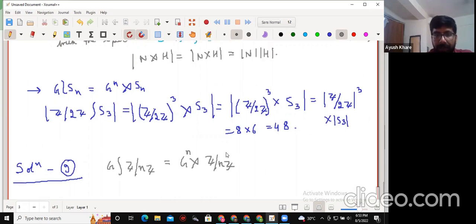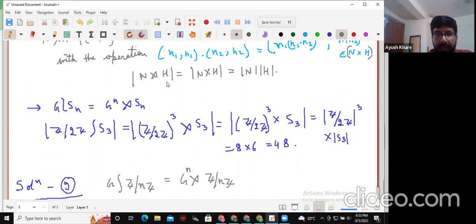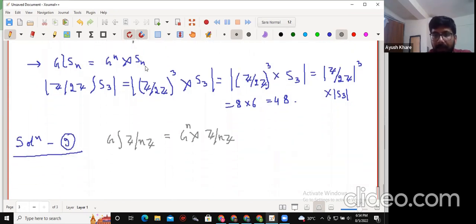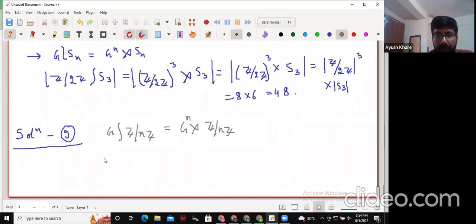So as per the definition, when we are writing N semi-direct product with H, we need that H must be acting on N through some group action. So what is the group action?